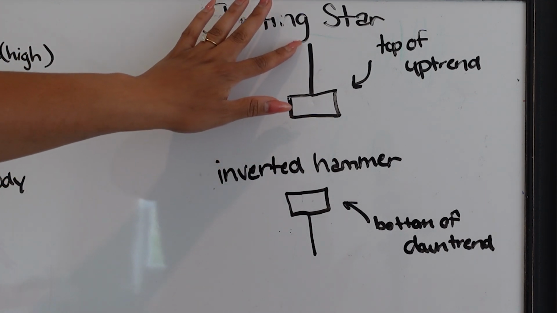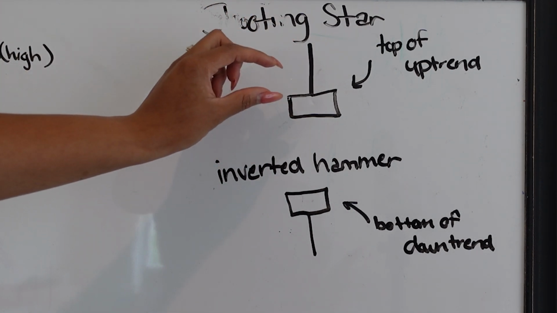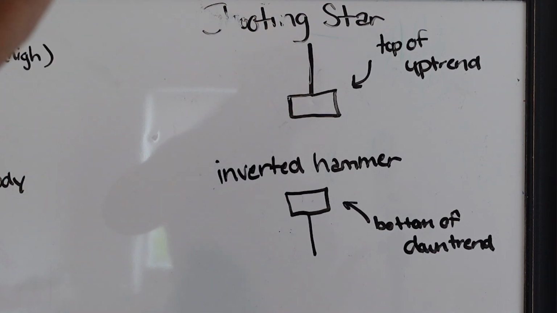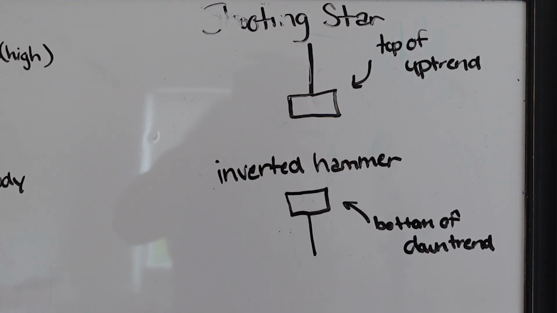So you have a long upper wick, and then you have a small body on the shooting star. And once again, this is normally at the top of an uptrend, but you also want to wait for confirmation, just like you would with any other indecision candles, like in the doji case earlier.